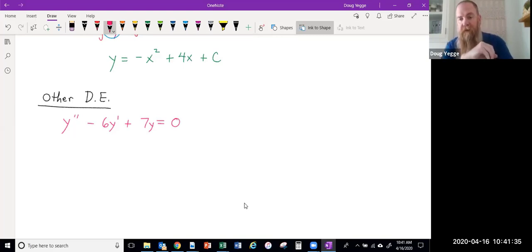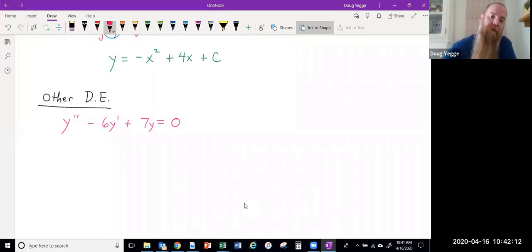That's a differential equation, which is basically saying if we take a function, multiply it by 7, subtract 6 times its derivative, add on its second derivative, all the terms should cancel, and I'll get an answer of 0. What function makes that happen? We're not going to solve any of these until the class differential equations. Okay, all I'm doing right now is just giving you other forms of differential equations. Differential equations are nothing more than just functions that have derivatives in them.